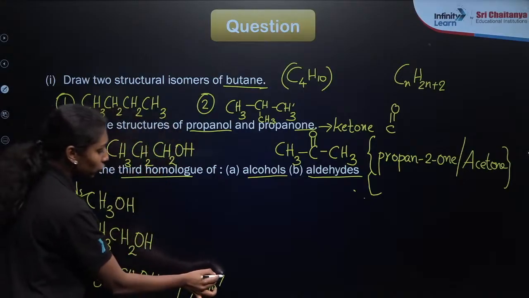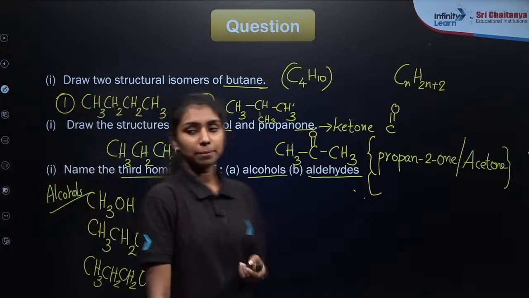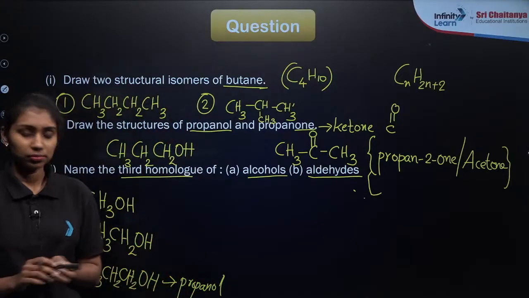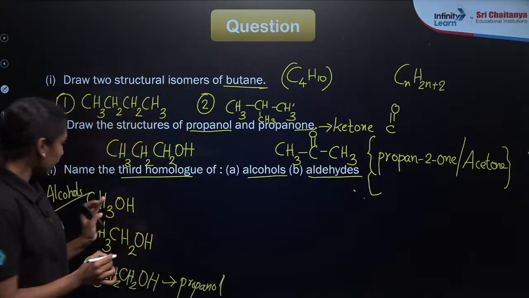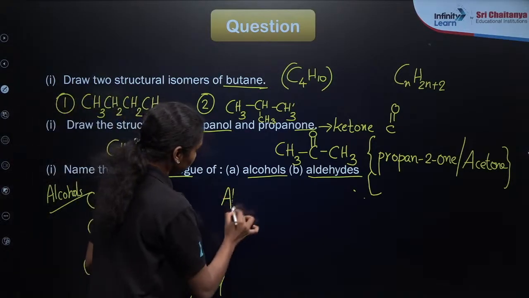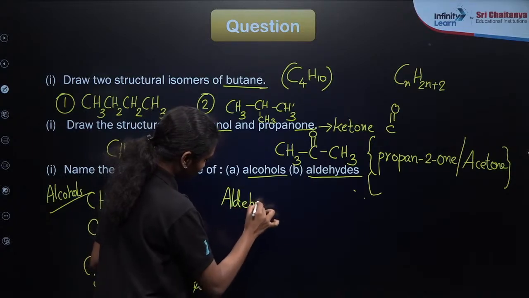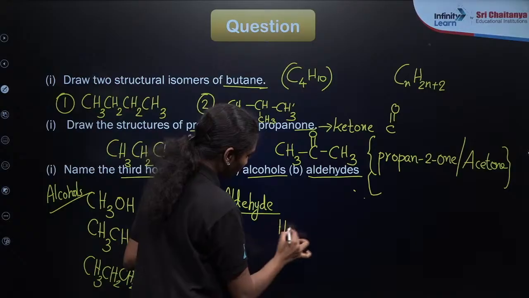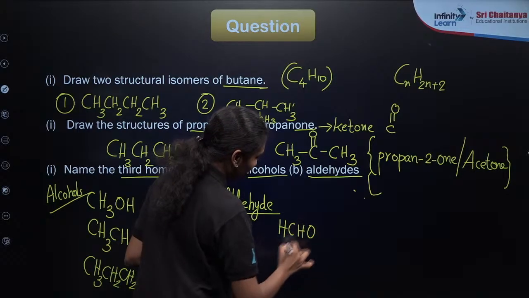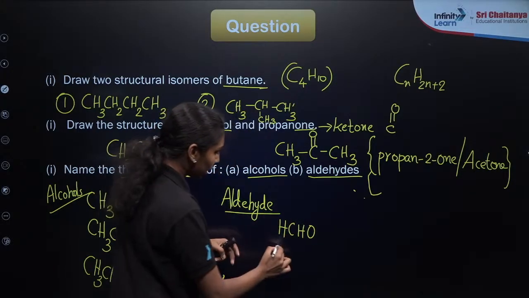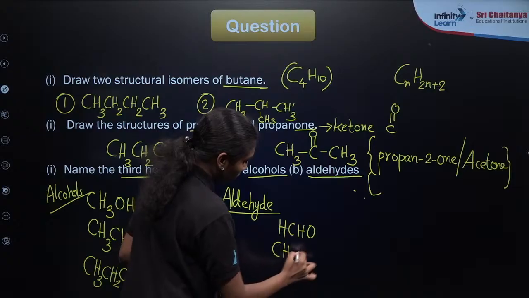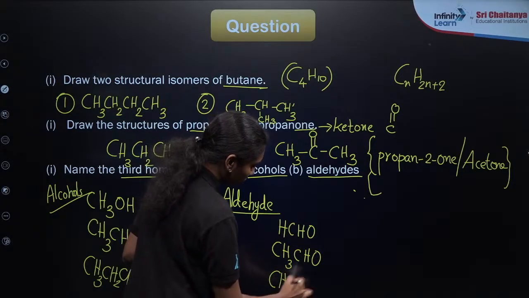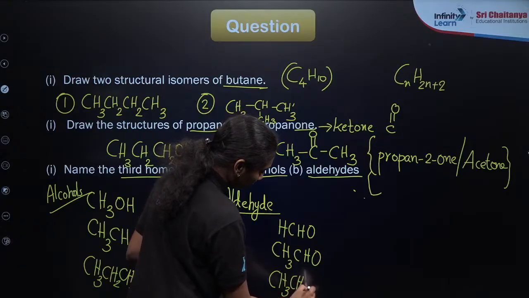Now what about the case of aldehydes? Which is the first compound in the case of aldehydes? A 1 carbon compound. It will be HCHO. HCHO means methanal or formaldehyde. Then we are adding a CH2 unit here. It will be CH3CHO, ethanal or acetaldehyde. And the third one, CH3CH2CHO, is propanal or propionaldehyde.